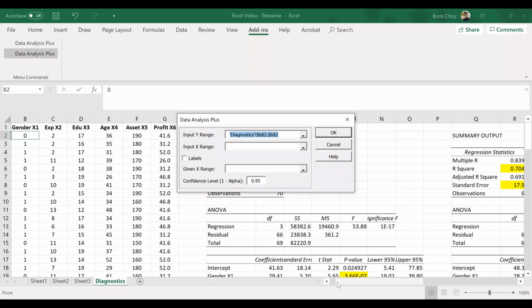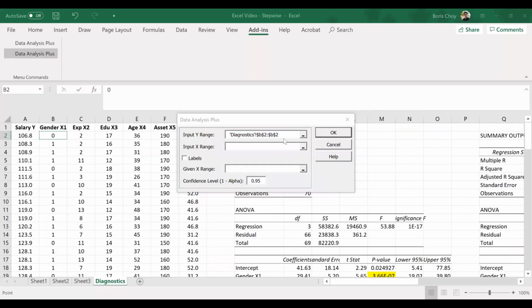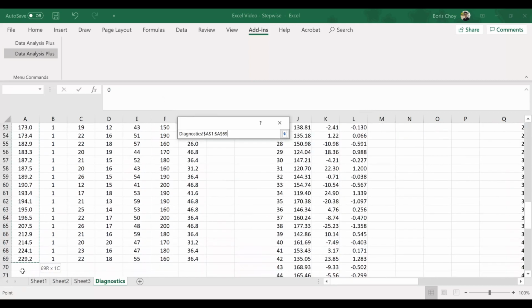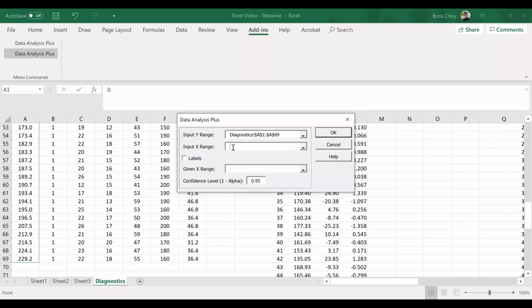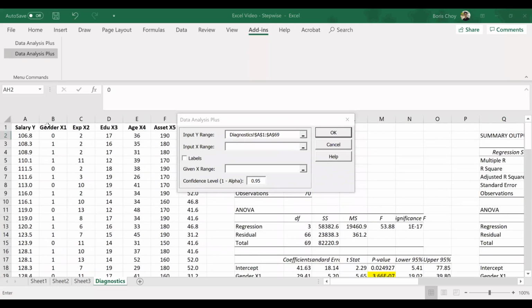Okay, so now we choose our y values, only 68 observations, and we have the x values, which are columns 1 to 69 label. And our input x values are here.